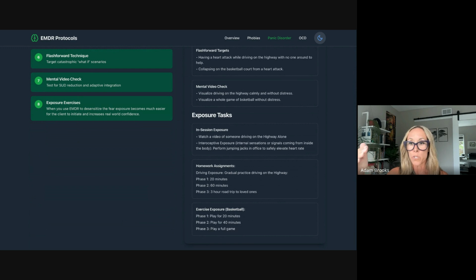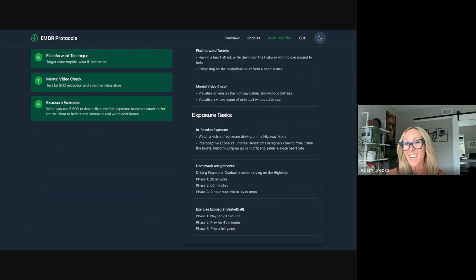Oftentimes exposure therapy is really difficult for clients to engage in because, of course, intuitively we avoid feared objects and things, right? And so asking somebody to challenge their fears and move right into it right away without desensitizing and reprocessing the cognitive beliefs is really difficult for them and can be terrifying.